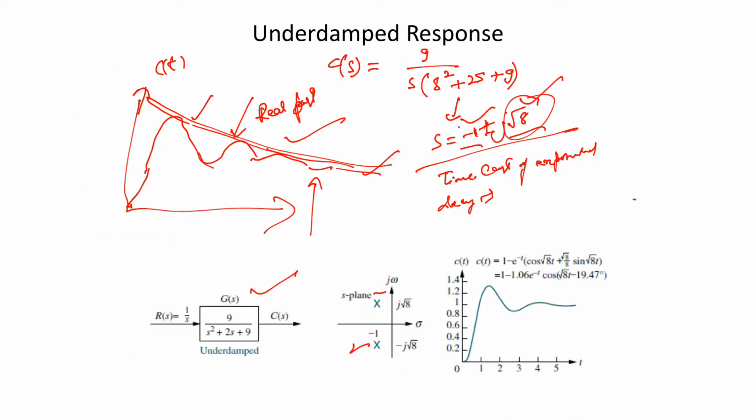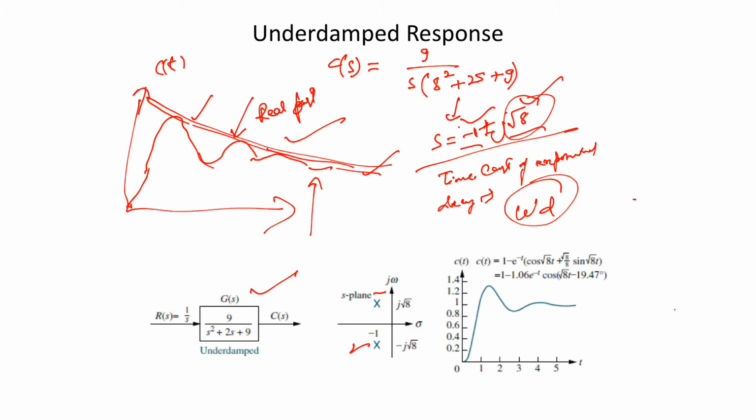And the value of the imaginary part is the actual frequency of the sinusoid, and this sinusoidal frequency is given the name the damped frequency of oscillation, and it is denoted by omega d.